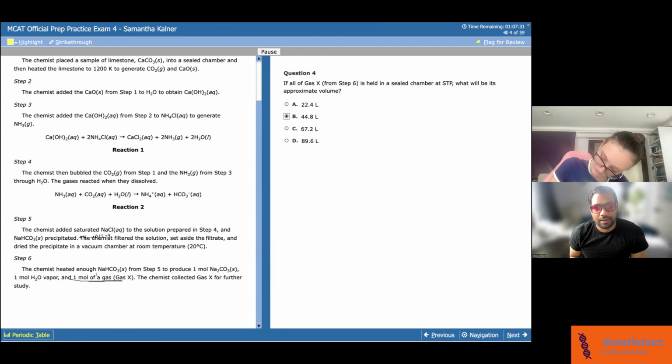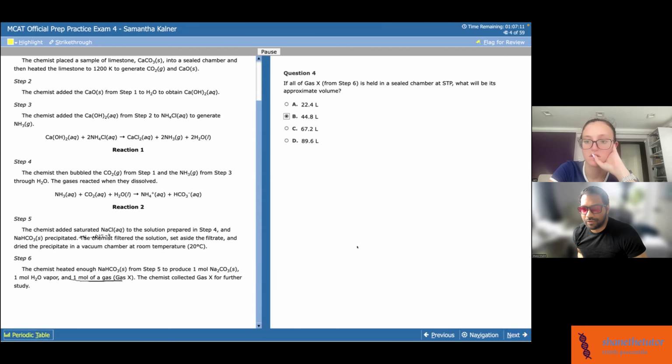This question stem tells us STP, so that condition is met, and the passage tells us it's 1 mole. Therefore, we have what we need. 1 mole of an ideal gas at STP has a volume of 22.4 liters. That's going to be true for any ideal gas at STP, regardless of the identity.